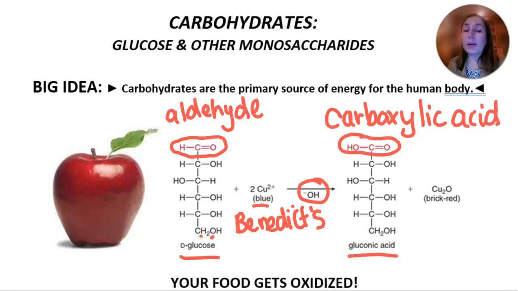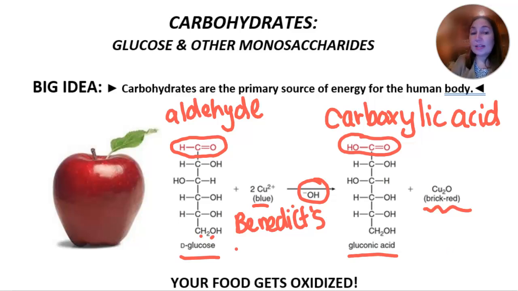So we'll label our carboxylic acid functional group. And then the other product is Cu2O, or copper(I) oxide, that's brick red. So this copper has been reduced.